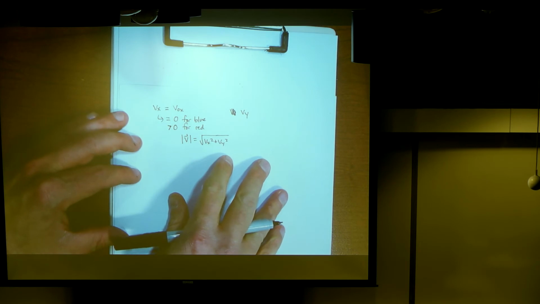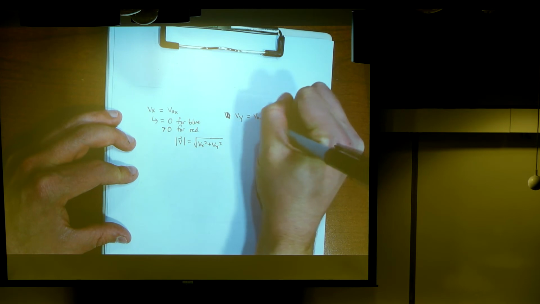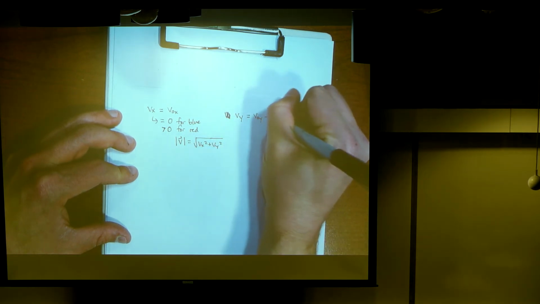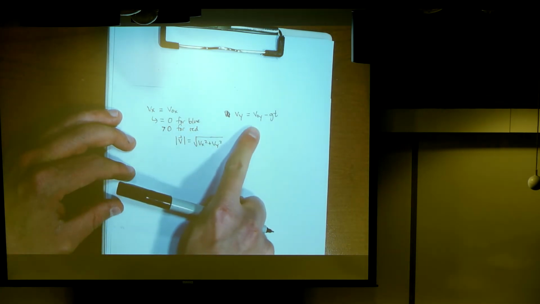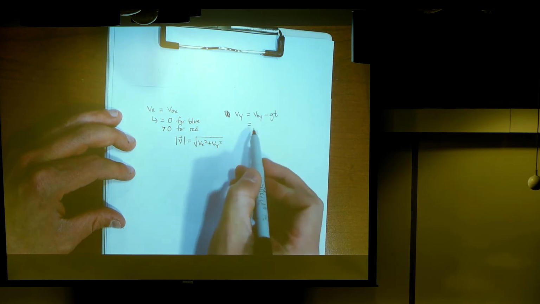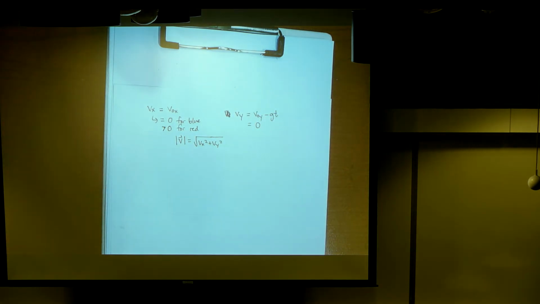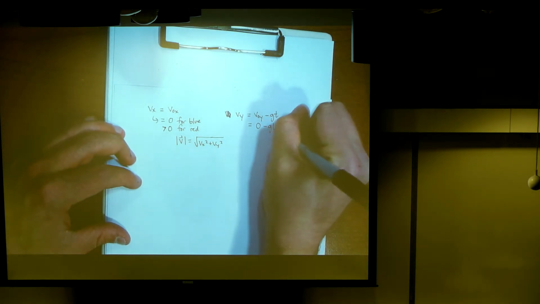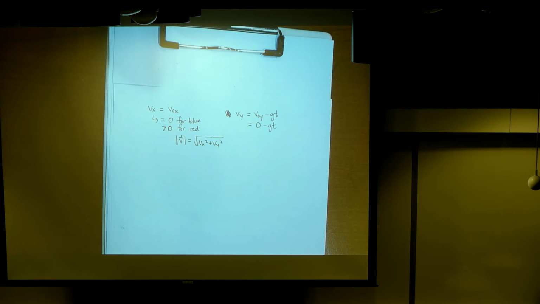Okay, what about for our y velocity? This is given by the kinematic equation vy equals v naught y minus gt. Now for both of these, remember the initial y velocity is 0. And for both of these, it takes the same amount of time t to hit the ground.